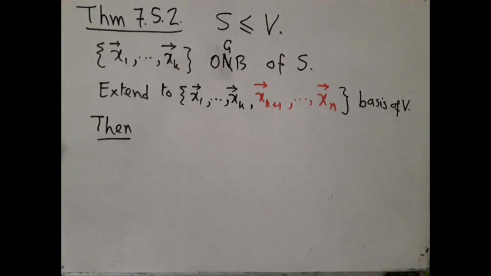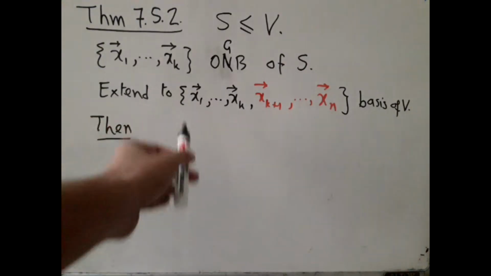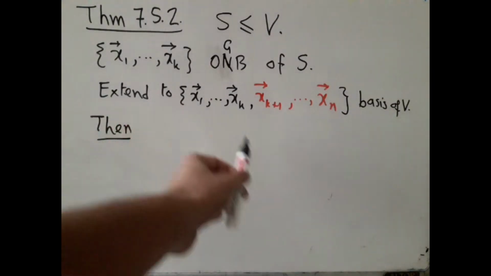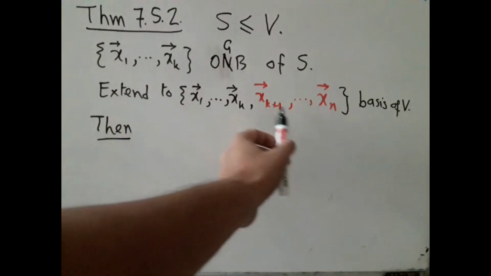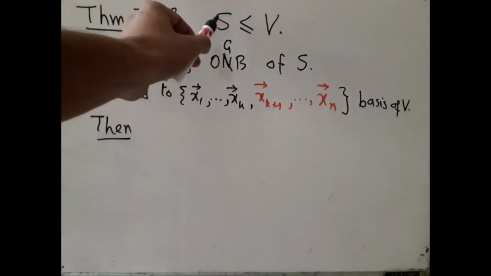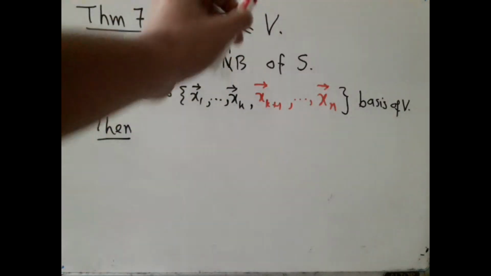Now, we know that any orthonormal basis, or orthogonal basis for that matter, can be extended to a basis of the full space, by the Gram-Schmidt process. So I already have x1 to xk, and I put some additional vectors xk plus 1 to xn, which form a basis of V. I am tacitly assuming that the dimension of S is k and the dimension of V is n.